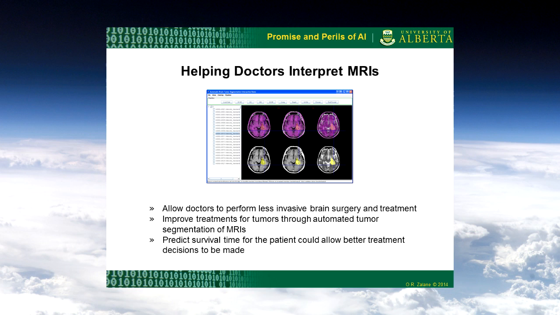Another example that my lab is working on, this is the work of Russ Greiner with the Cross Cancer Institute. We want to learn, based on past experience, of course, how brain cancer will develop, will grow. So when there is brain cancer detected, we will bombard it with radiation to treat it.